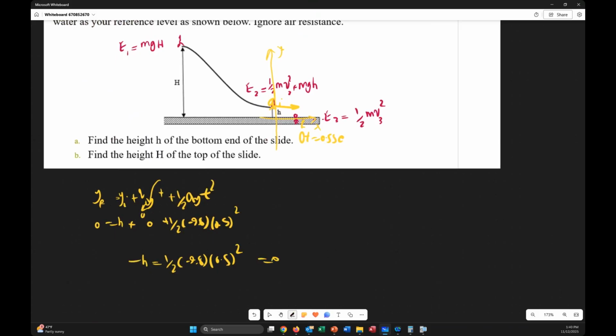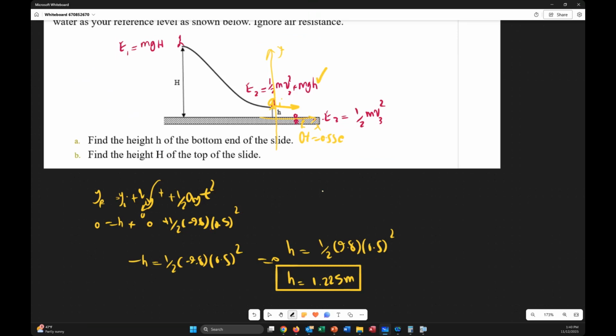So what is the h here? 1/2 times 9.8 times 0.5 squared. What did you get? 1.225 meters, yes? If you go back to this equation, I found the h.